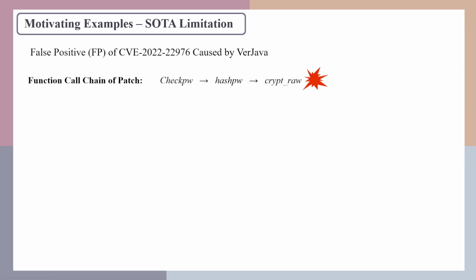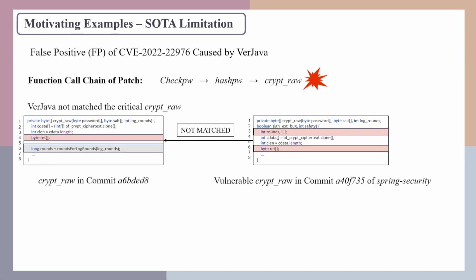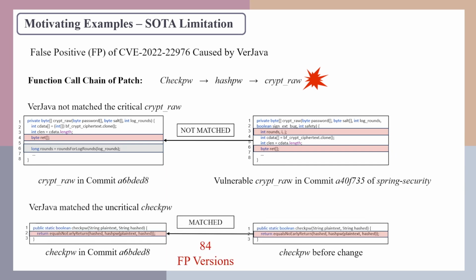VIRJava did not match the vulnerable crypt_raw in this version, which is appropriate because the fixed long rounds is quite different from the int rounds in line 6. However, this version is also reported by VIRJava as vulnerable because the uncritical checkpw function before change in this version is detected, which causes 84 false positive versions.